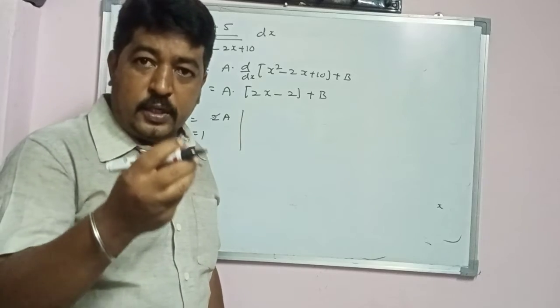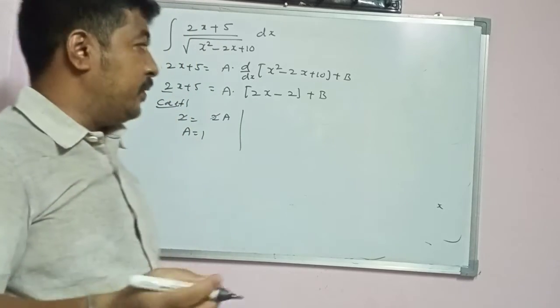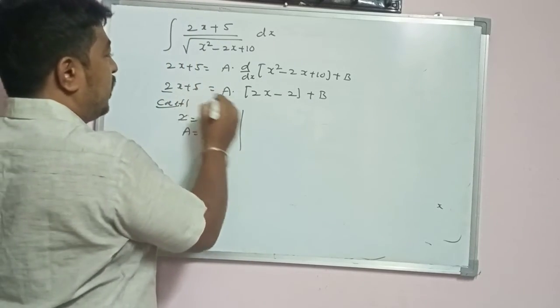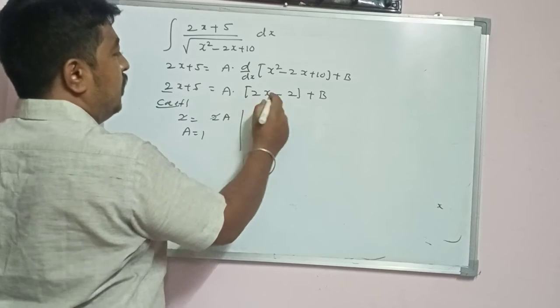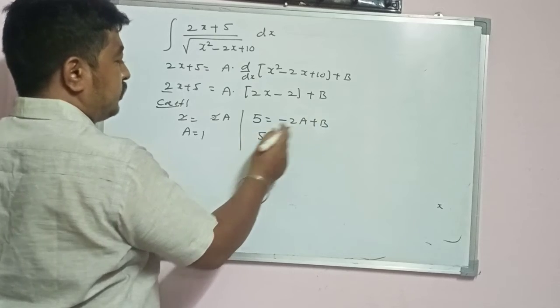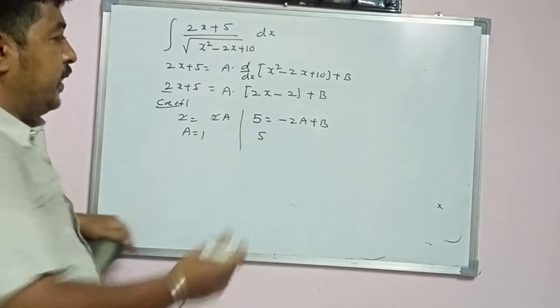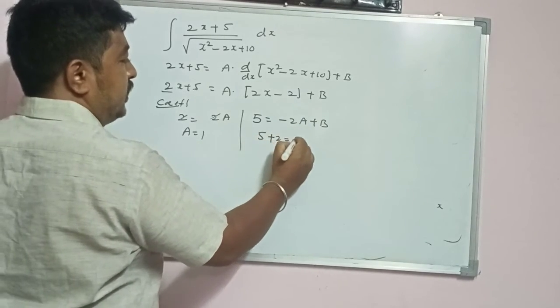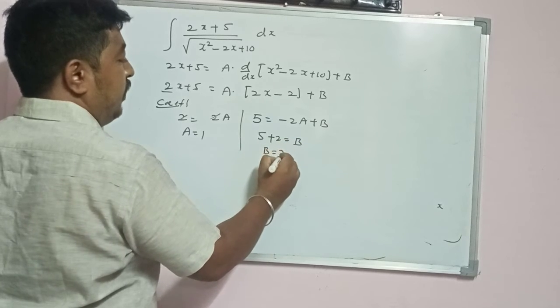Now compare with the constant. Here the constant is 5. So 5 is equal to minus 2a plus b. The a value is 1, so minus 2 transposed is plus 2, and b value is 7.